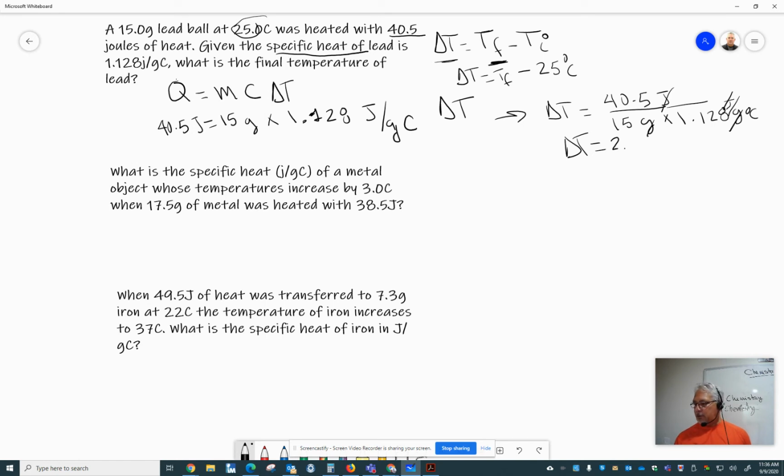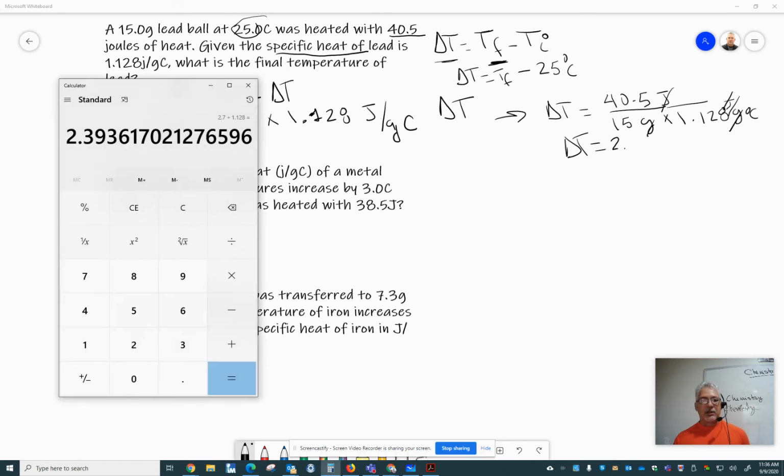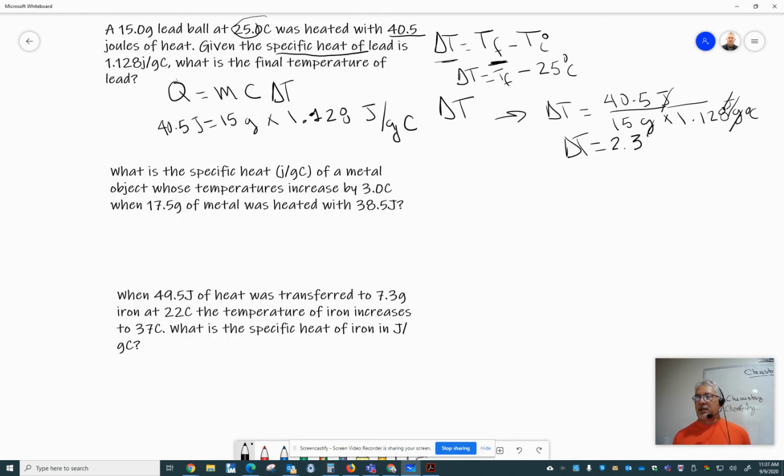Let me double check. We had 3 significant figures, 2 significant figures, so it will be 2.3 only, and that will be Celsius degrees. How can I solve now?